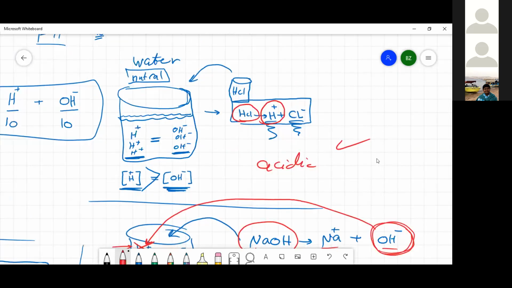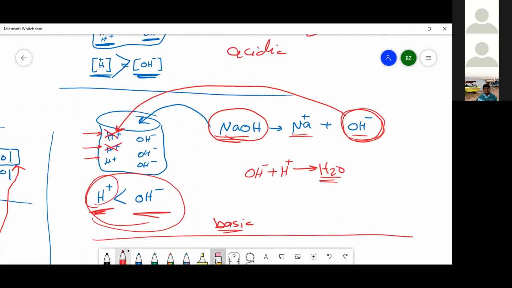So the first idea we said, the H plus from the HCl increases the H plus in the water, so it becomes acidic. Okay, what about converting water? I will erase it and repeat it.